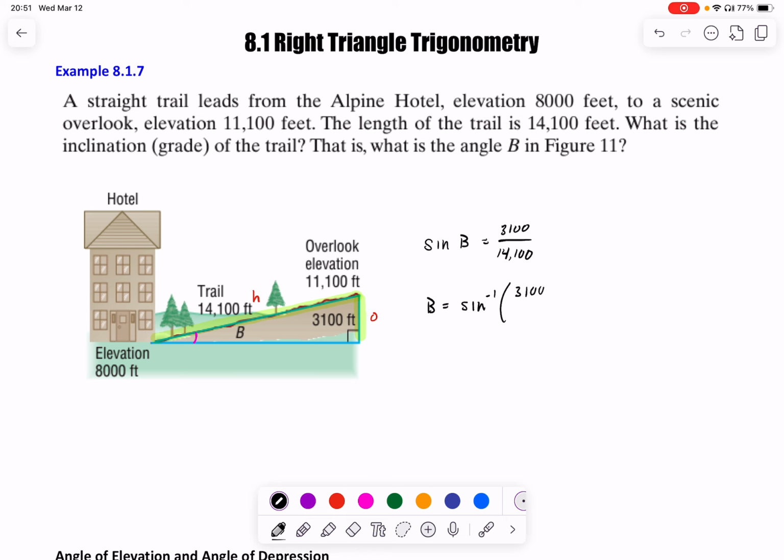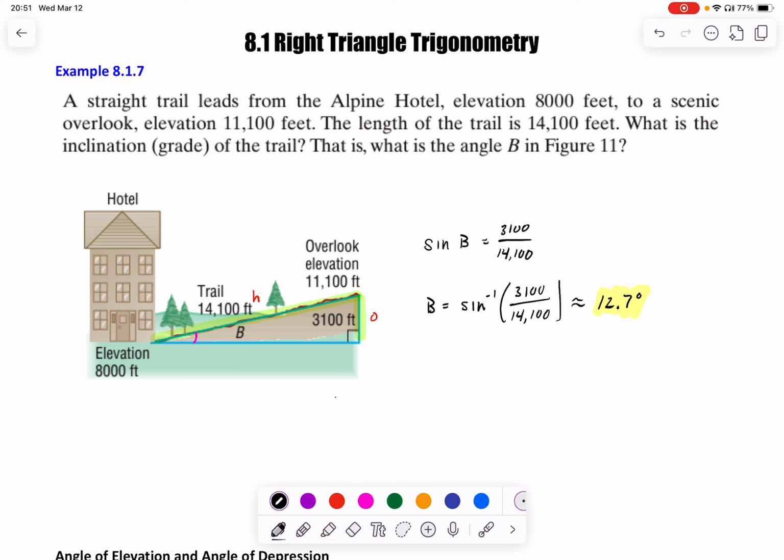Remember, when you are looking for an angle measure, you're going to use an inverse trig function, because the inverse trig function says, hey, if you tell me what the ratio is, I'll tell you what that angle is. When we put this in the calculator, we should get about 12.7 degrees. And again, make sure you're in degree mode and not radian mode.